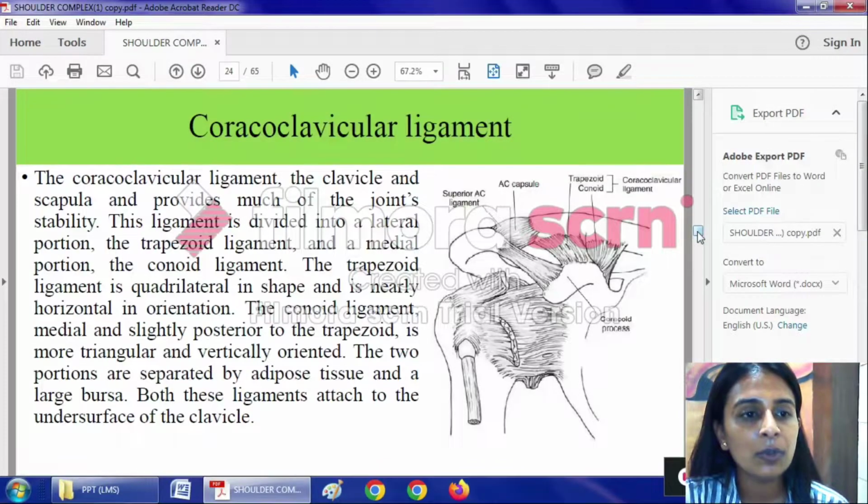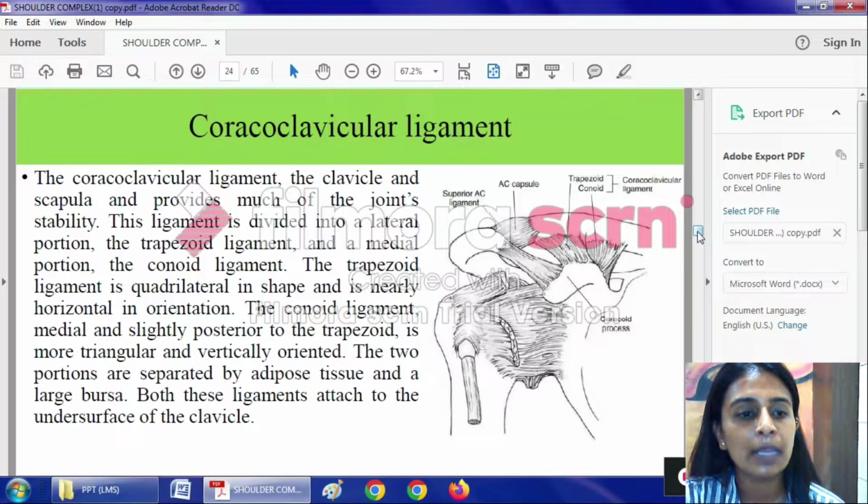The coracoclavicular ligament connects the clavicle and the scapula, and provides much of the joint stability. This ligament is divided into a lateral portion, the trapezoid ligament, and a medial portion, the conoid ligament. The trapezoid ligament is quadrilateral in shape and is nearly horizontal in orientation.